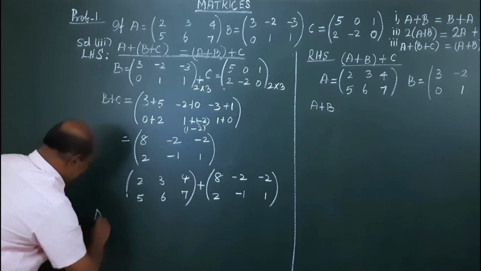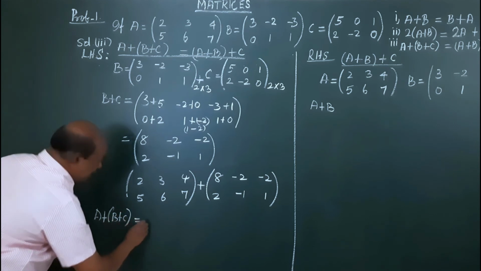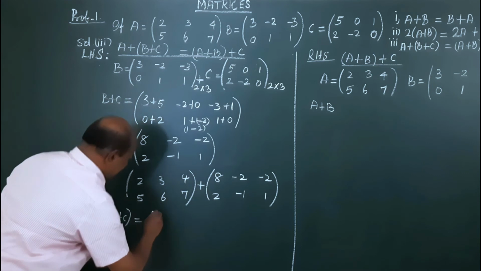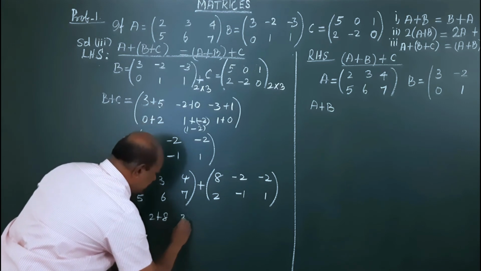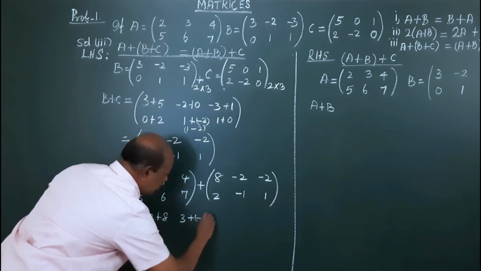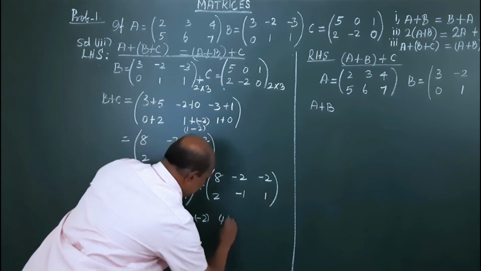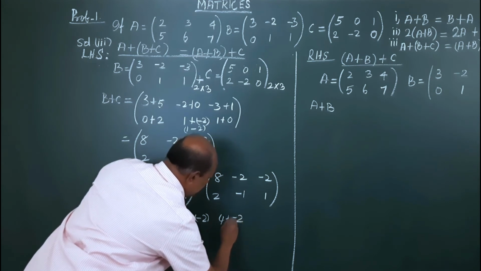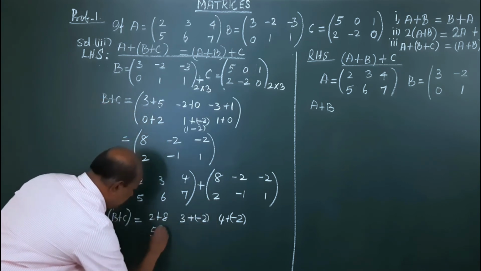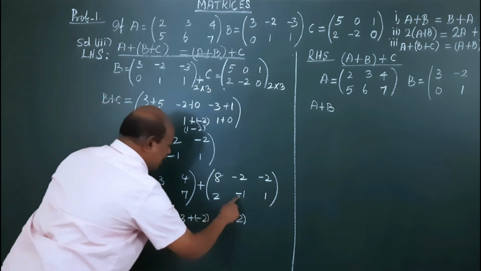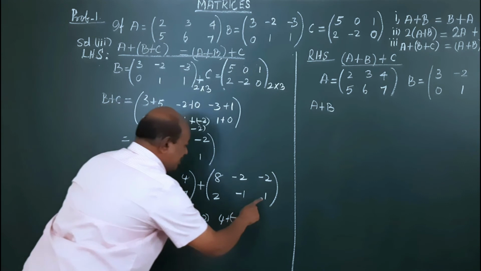It is A plus (B plus C). That is equal to 2 plus 8, 2 plus 8, 3 plus minus 2, 4 plus minus 2, like that, 5 plus 2, 6 plus minus 1, 7 plus 1.